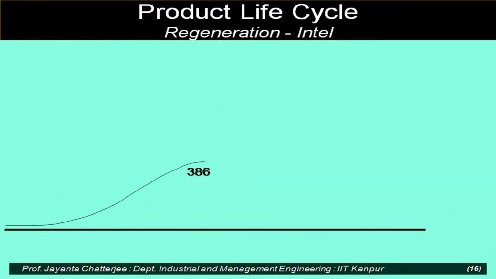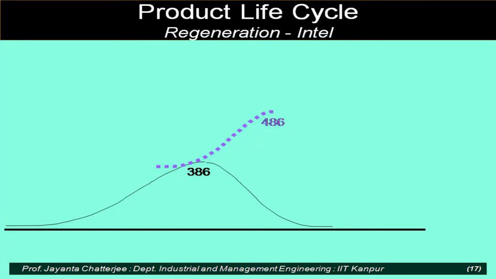This regeneration, or S-curve to E-curve, has another great example in Intel. As you see, the 386 microprocessor chips which Intel initially introduced were highly successful and rapidly proliferated. So in a way, that market matured very quickly.